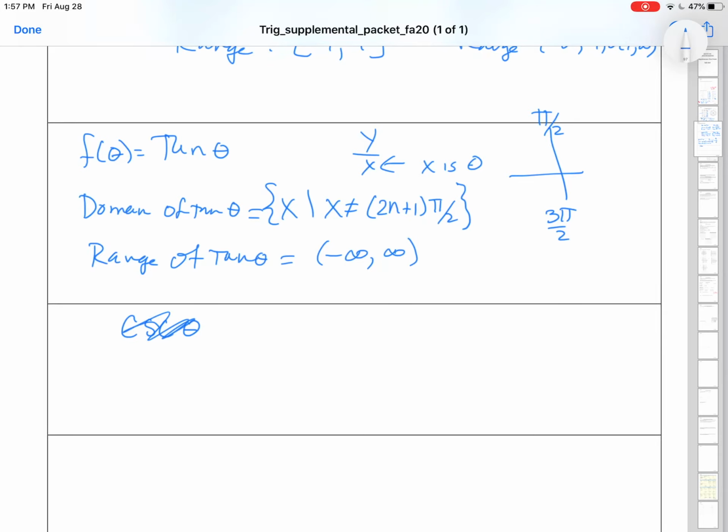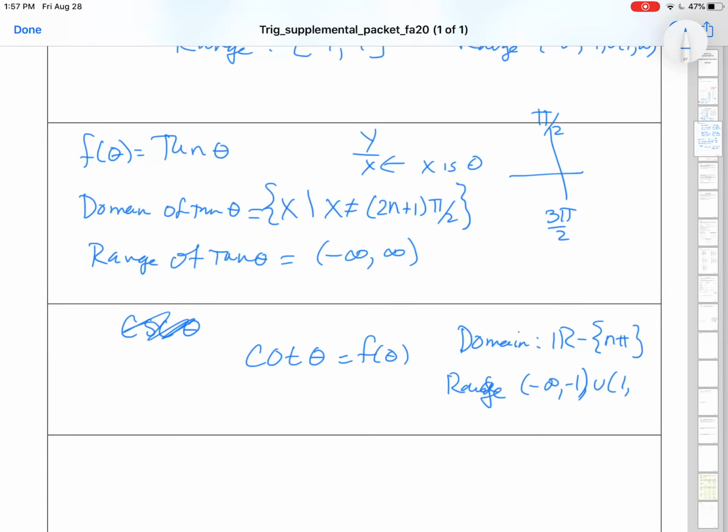And then I'll do cotangent down here. Cotangent theta as a function. Domain. Now you can't plug in everything you want, because what does cotangent have on the bottom? It has the y's. When are y's 0? Anytime we're a multiple of pi. So you can't have any of those. And its range is from -infinity to -1, union 1 to infinity.